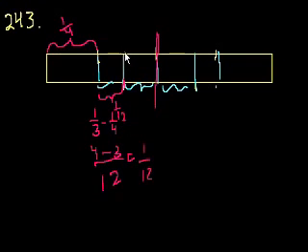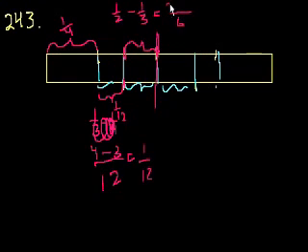And then what's going to be this length? All right, let me do a different color. I want to make sure that you see that 1/12. Well, this distance is 1/2, and this distance is 1/3. So it's going to be 1/2 minus 1/3 is equal to, common denominator of 6, 3/6 minus 2/6 is equal to 1/6. So this piece is 1/4, this piece is 1/12, this piece is 1/6.